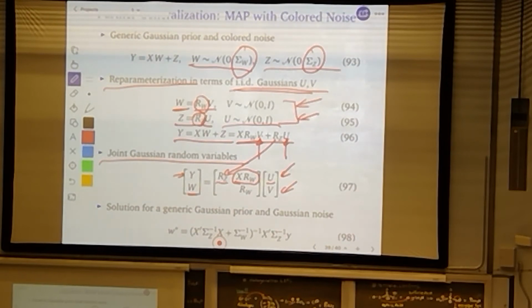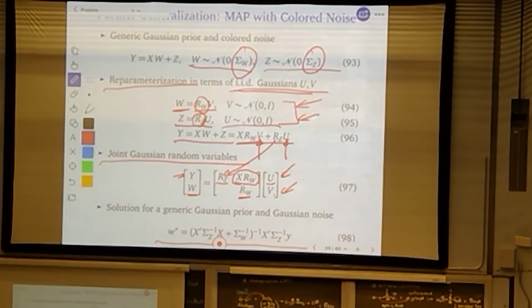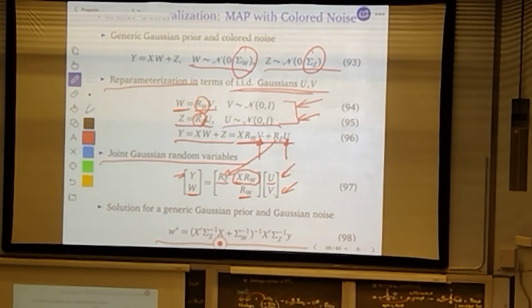W is relatively simple, just RW times v, has nothing to do with u, okay? So now you can follow this derivation. In the end, you can come up with this generic Gaussian prior and noise solution. It takes this form. Just take a moment to reflect on this.